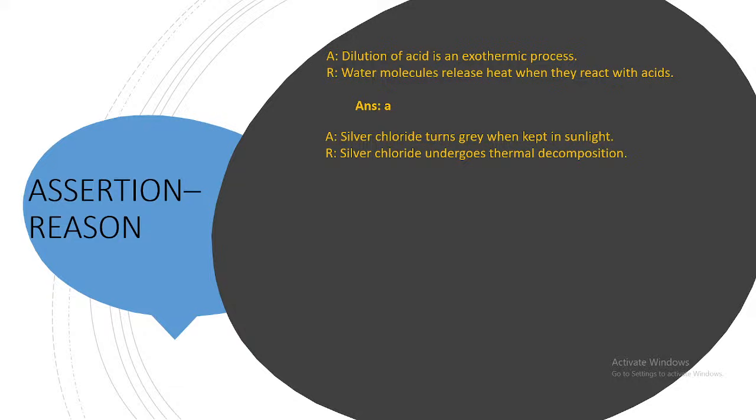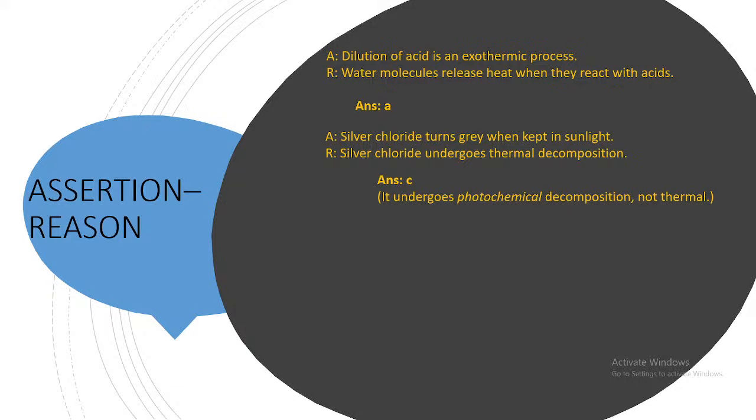Okay, option D. So you see here, silver chloride turns gray when kept in sunlight. Now, what type of reaction is it? Decomposition. Which decomposition? Is it a thermal decomposition? So, do you think the reason is correct? Yes. Very good. So option C is correct. A is true, R is false. It is not thermal decomposition, it is photochemical decomposition.